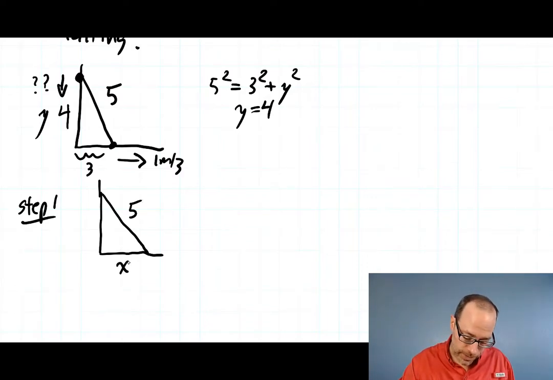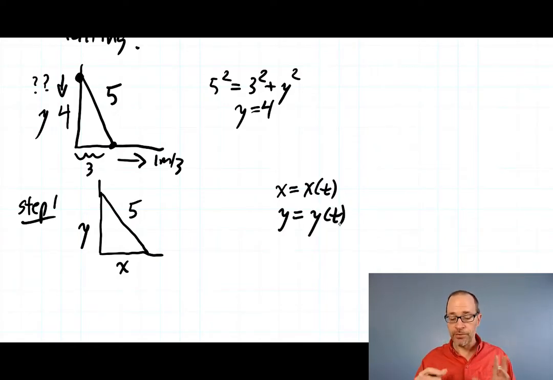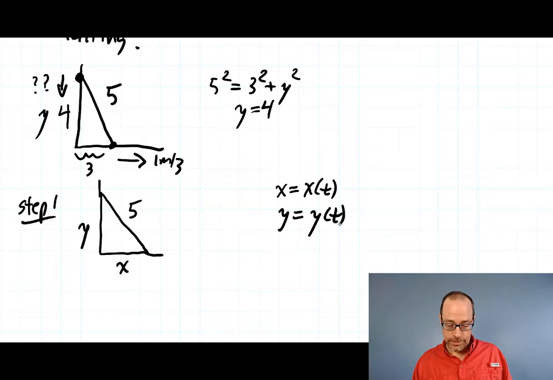So we're going to call this the bottom distance x, the top distance y. And it's crucial to remember that x is changing with time and y is changing with time. All our derivatives will be with respect to t, not x. And so you have to remember x is a function and y is a function. Okay? So that's step one.